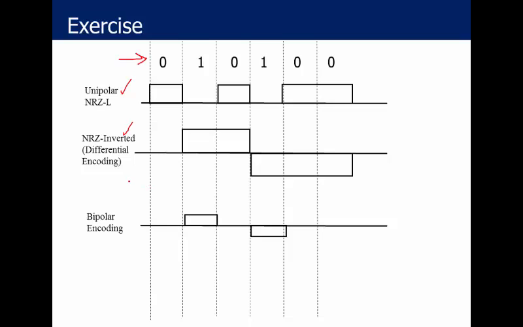Say this is not necessarily the simple thing. This is 0 volt. This is 5 volt, for example. Forget about this line in between.